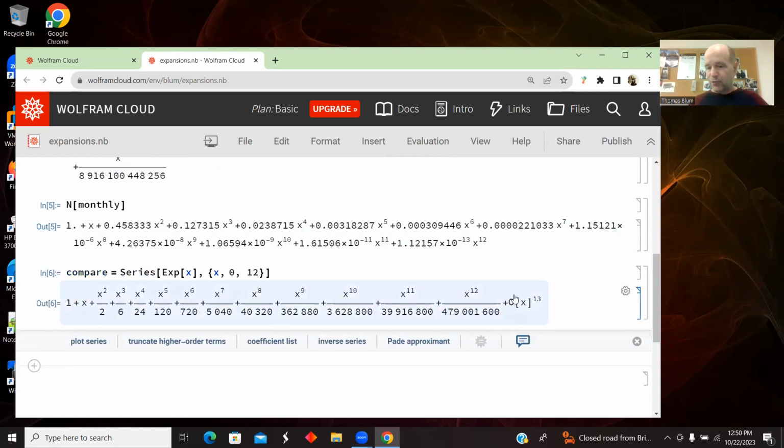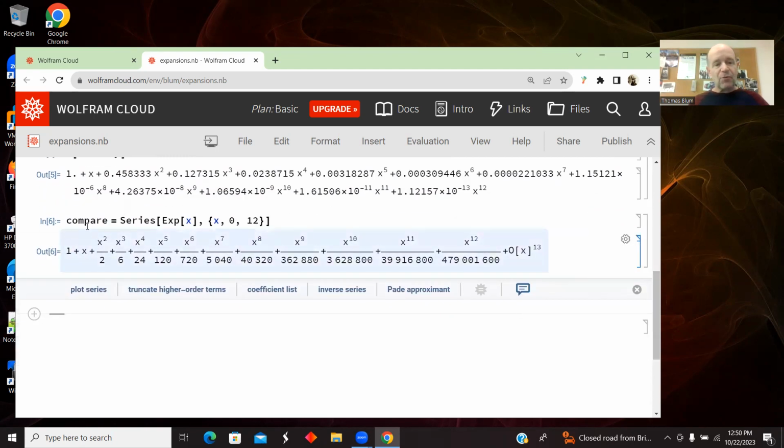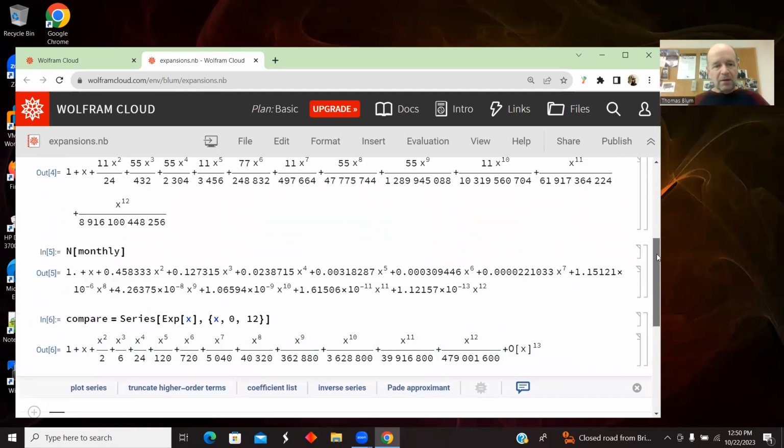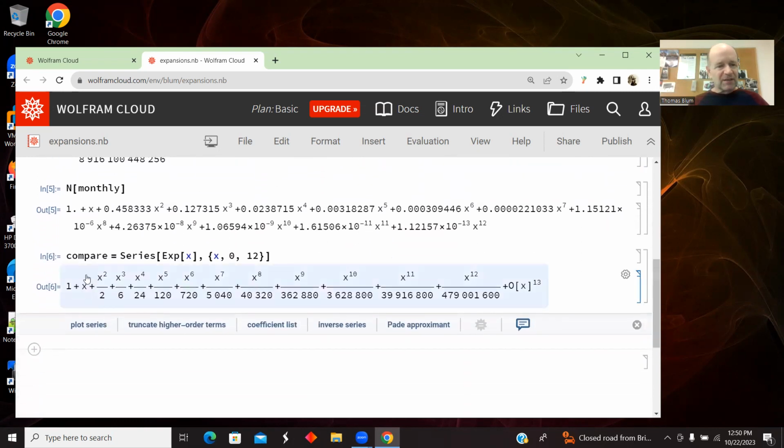Now it's saying there's more. So this last term over here is saying there's more. This is an idea that's like expand, but with expand, usually the thing is finite, and so it can get all of the terms. Whereas this idea of series is it would go on, and you tell it to stop.